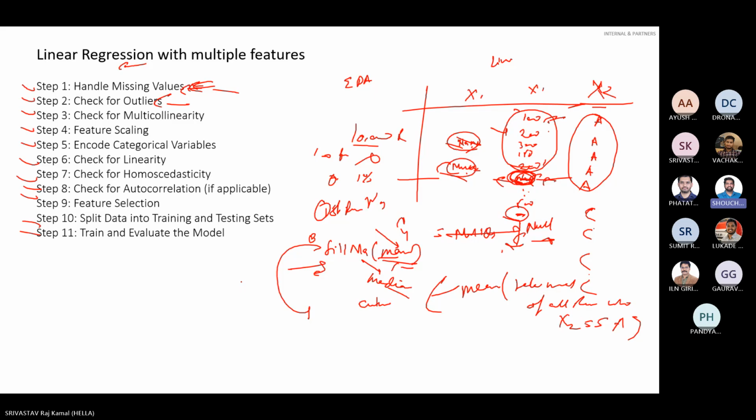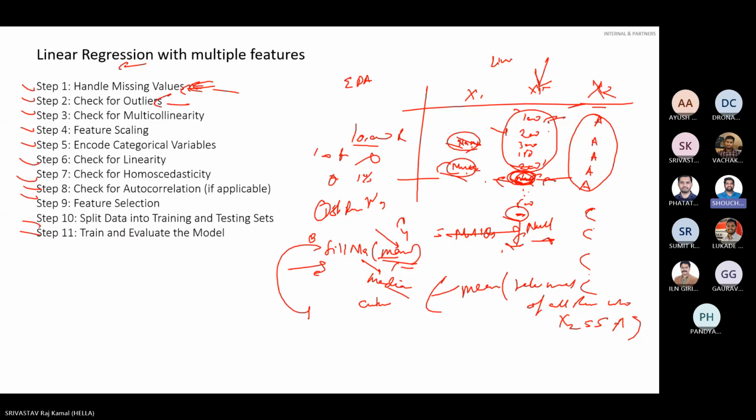One question. The last method that you said, when we calculate the mean, we don't consider all the values in the column.